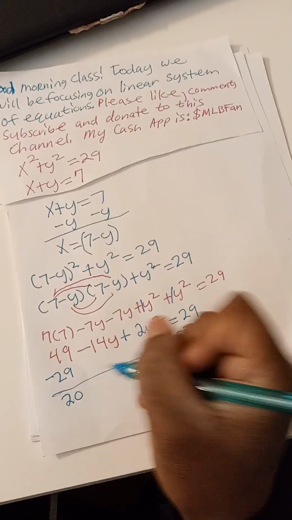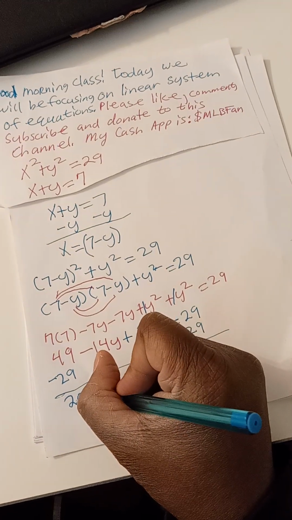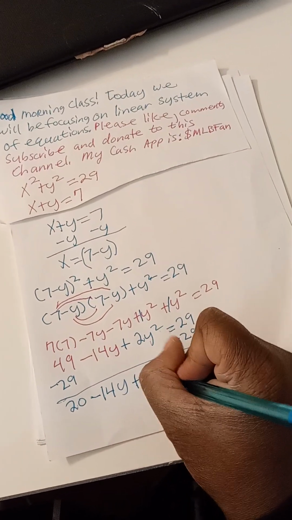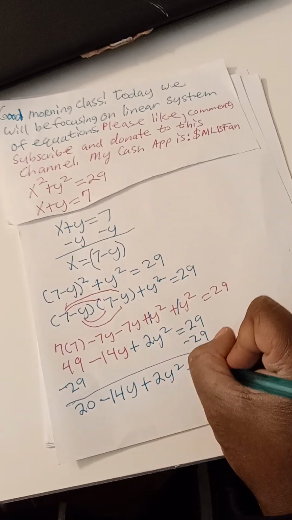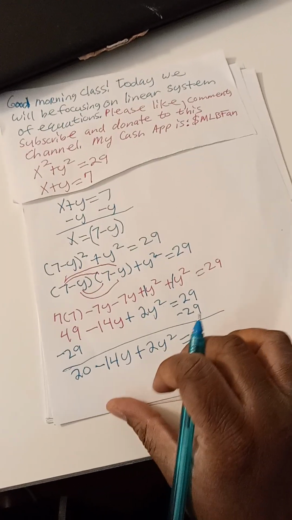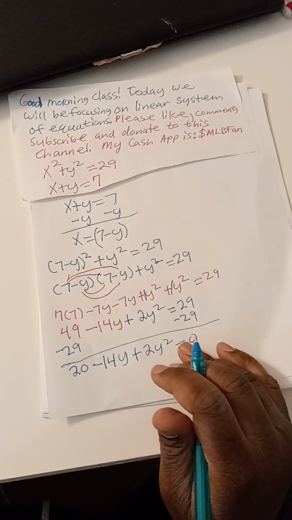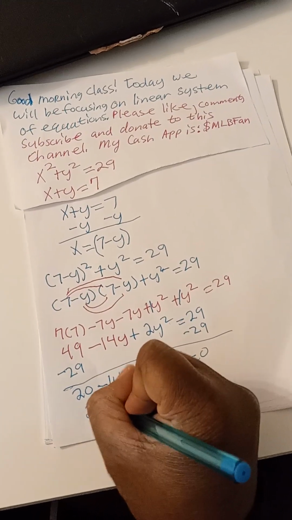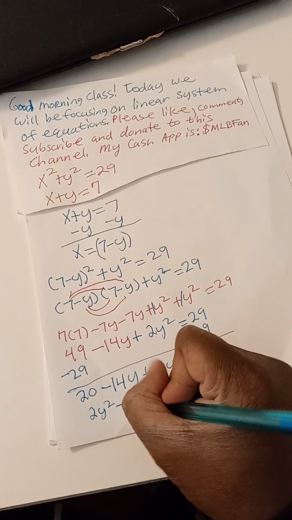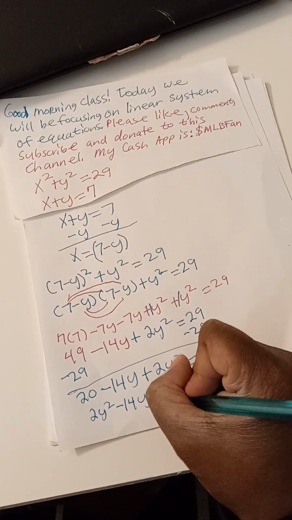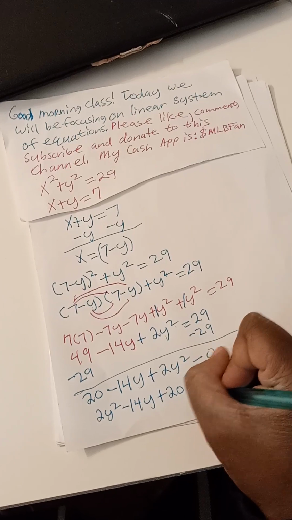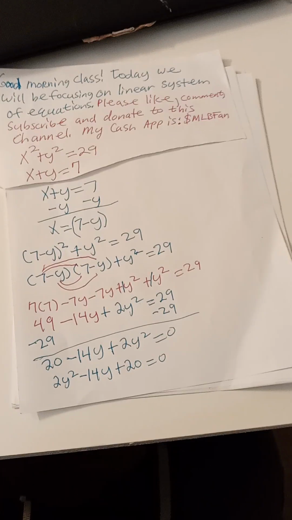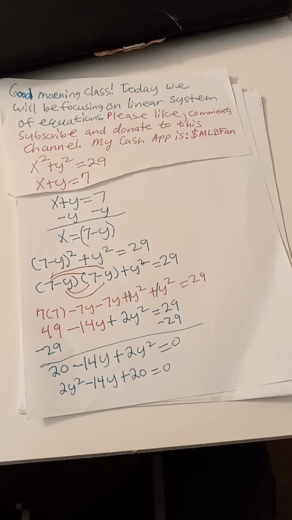So 20 minus 14y plus 2y squared is equal to 0. Now we need to put this in descending order. So 2y squared minus 14y plus 20 is equal to 0. And this is a quadratic equation in the form of ax squared plus bx plus c is equal to 0.